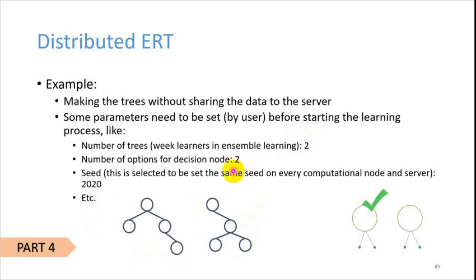The other parameter would be the number of options that we have at every step for choosing the best decision node. So we need 2 randomly generated decision nodes at every step, and we will select one between them. And there is another parameter that we need to set, which is the seed for the random function. And I'm going to explain why this is needed.